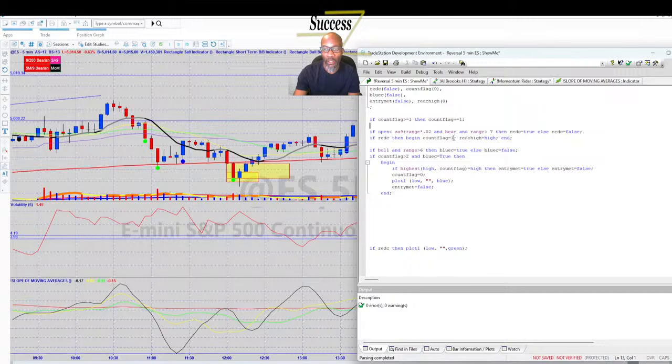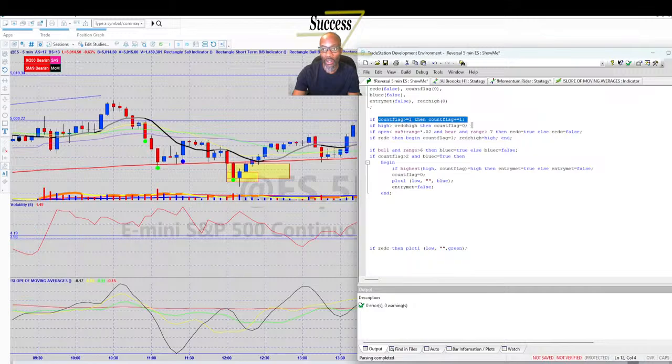if the high is greater than red candle high, then count flag equals 0. And we have to put that after this because this is where we're counting the number of candles in the flag.